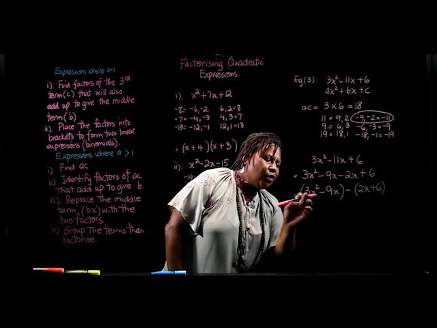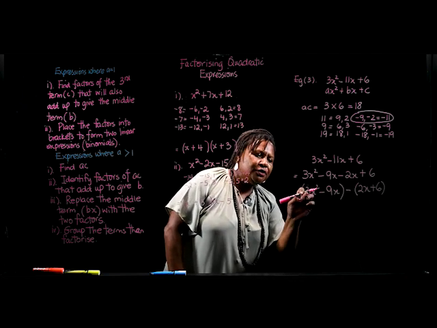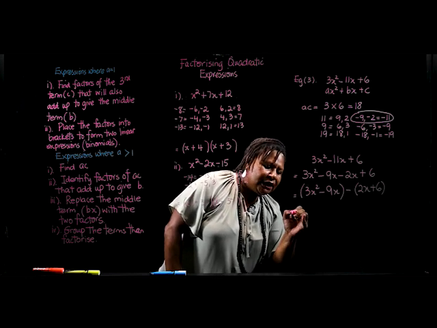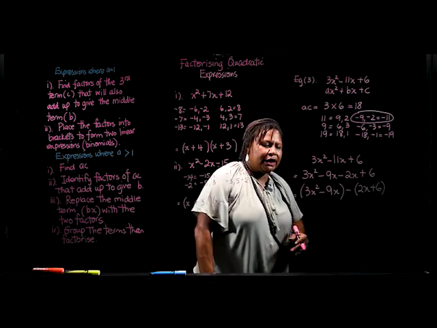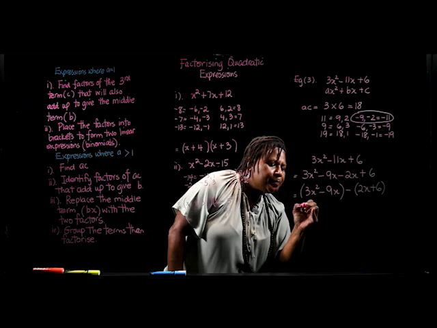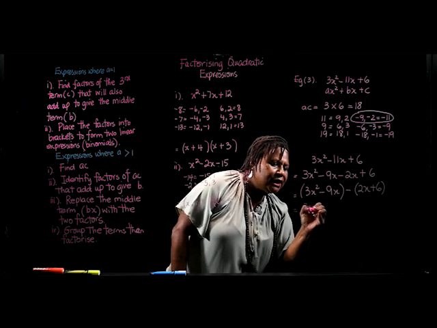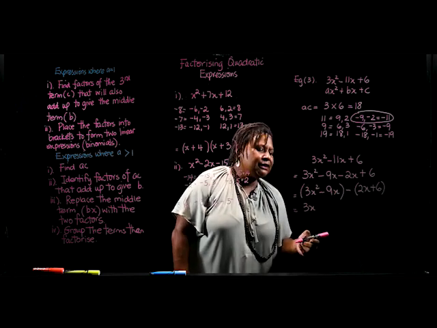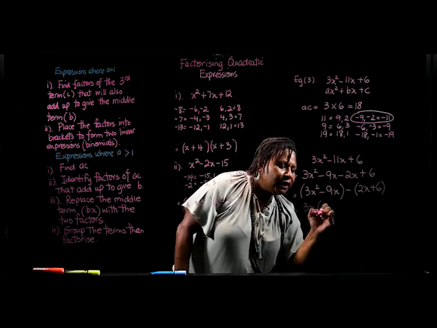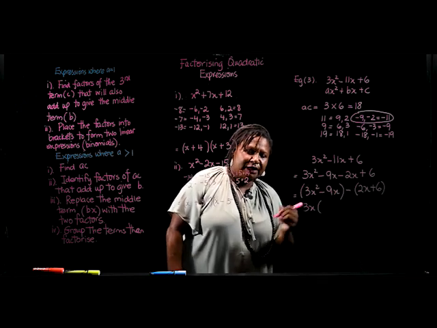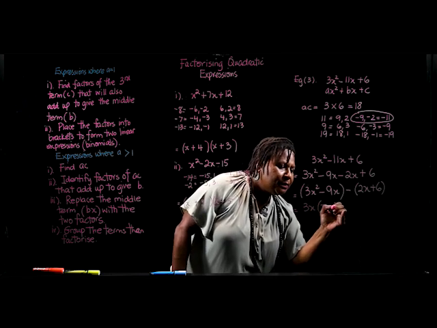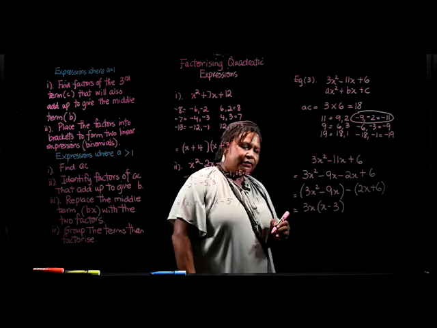So we find a common number between 3x squared and 9x, and we put it outside the brackets. In this case, 3x is common to 3x squared and 9x, and what we are left with, we place in the brackets. So we have x minus 3, okay?